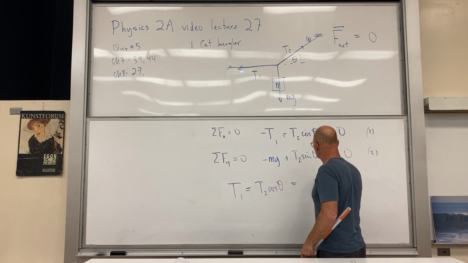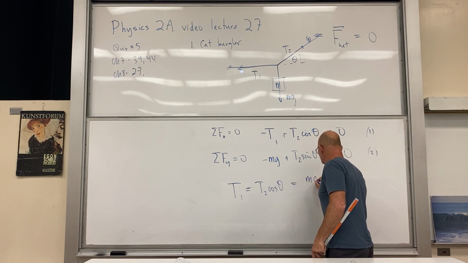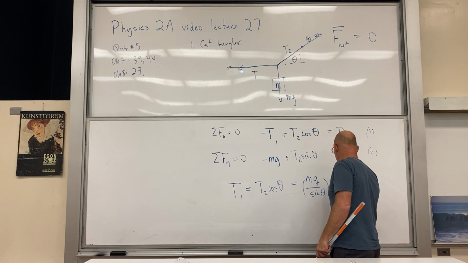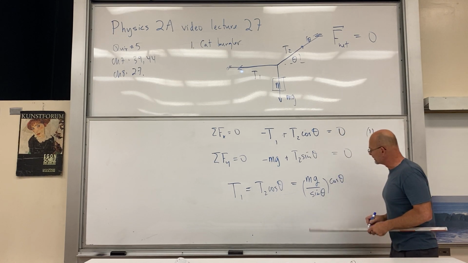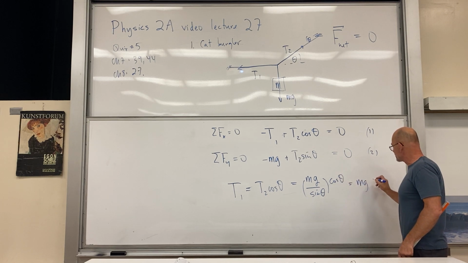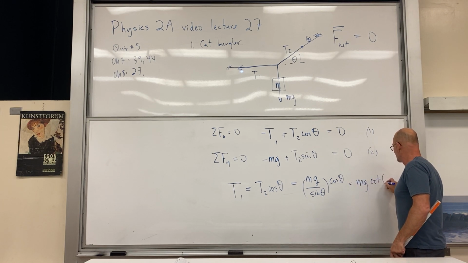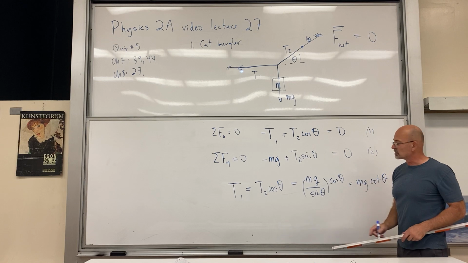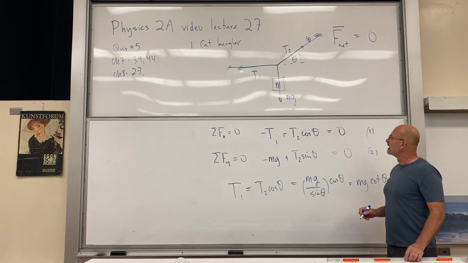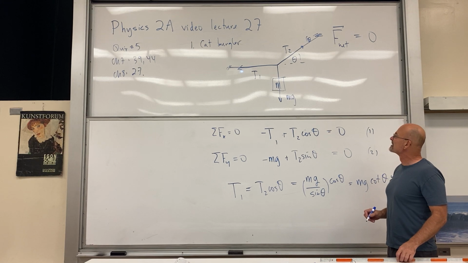So that is equal to mg divided by the sine of theta times the cosine of theta. So you could say it's mg cotangent of theta, or you could do them individually. But yeah, that's how that problem is done. Good.